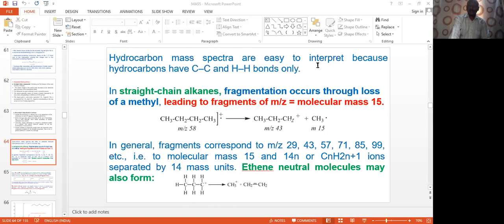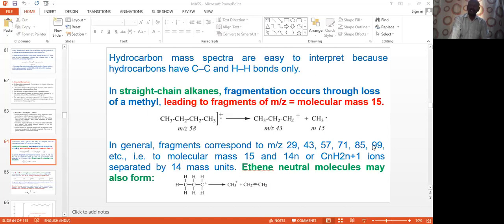Between 29 and 43, what is the difference? 14. Between 43 and 57? 14. 57 to 71? 14. 71 to 85? 14.